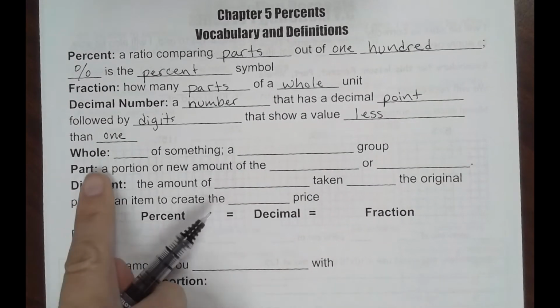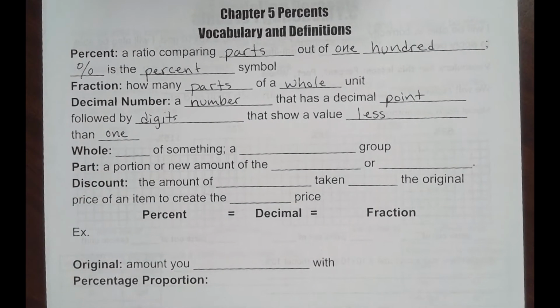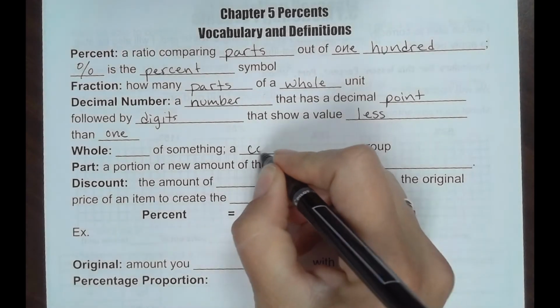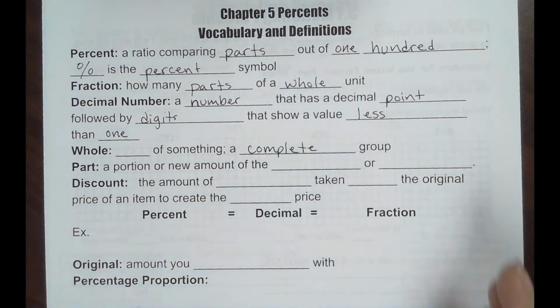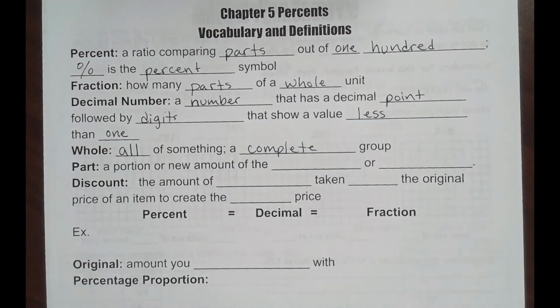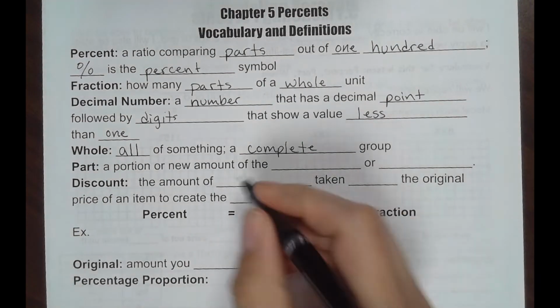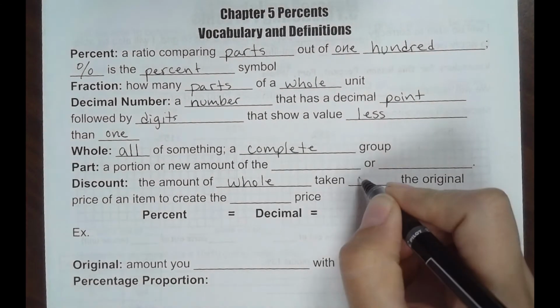All right, so whole is a complete group. So it's either a complete group or all of something. A part is the amount of the whole taken from the original.